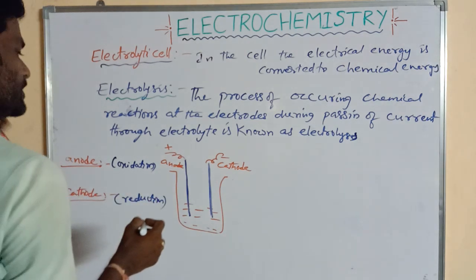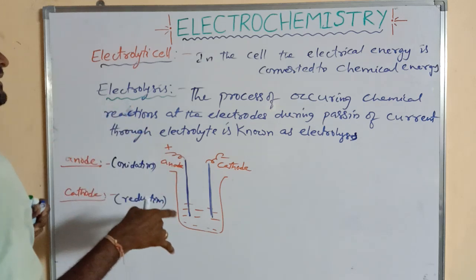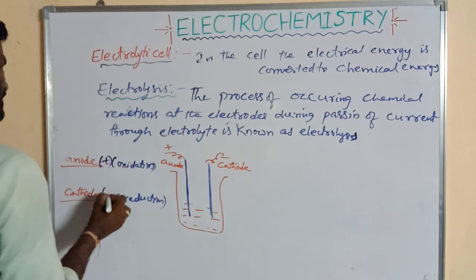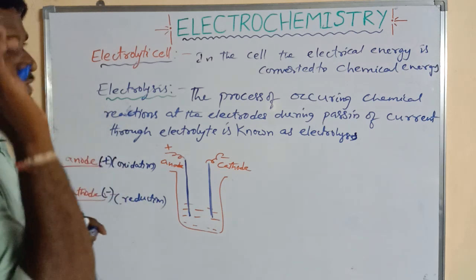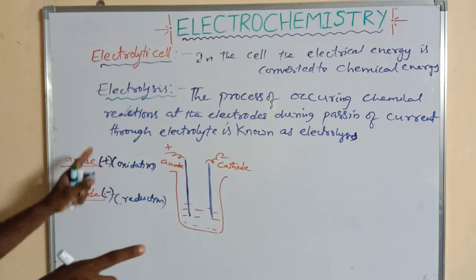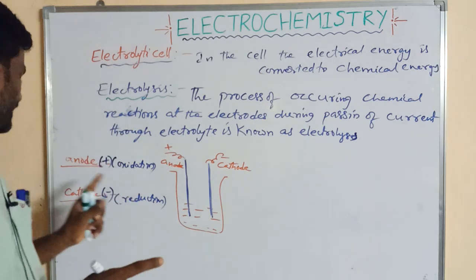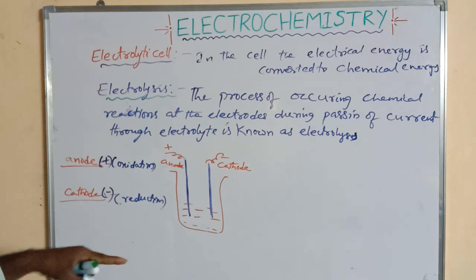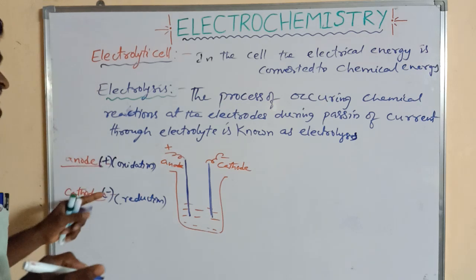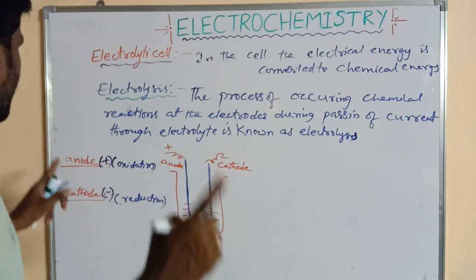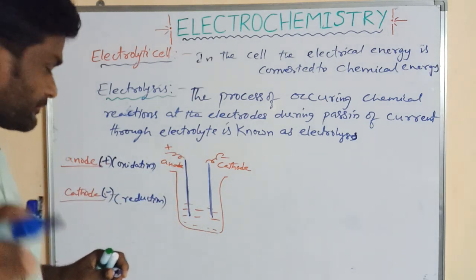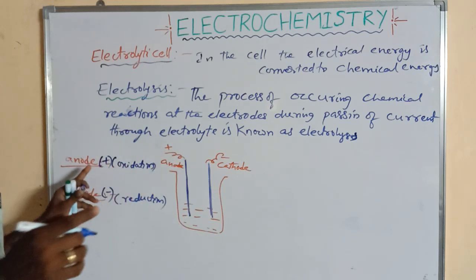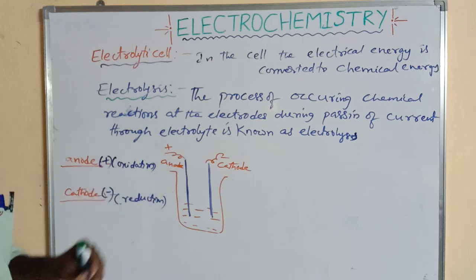We know that in the electrolytic cell, anode is considered positive and cathode is considered negative. But in the electrochemical cell, anode is considered negative and cathode is considered positive. That is the difference between these two cells.